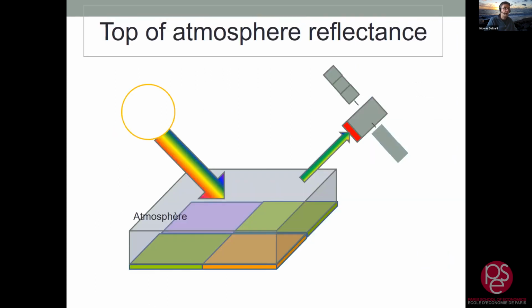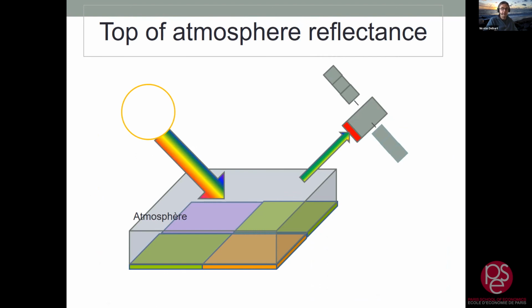And probably I will finish here because it's already time. This transformation, which is very easy to do, is in 2 steps. We have a digital number, we have to convert it to spectral radiance. It's totally direct.